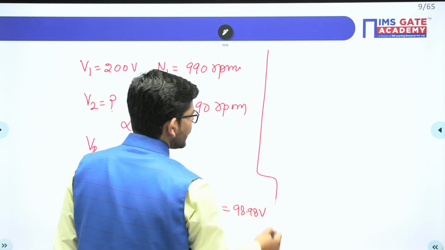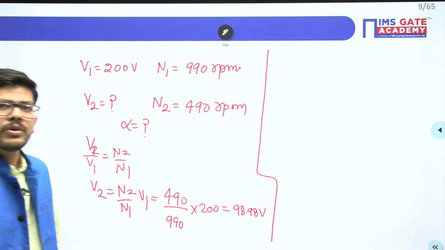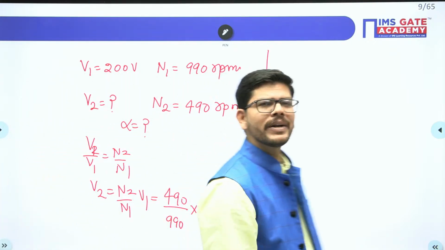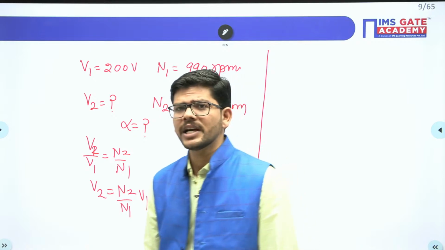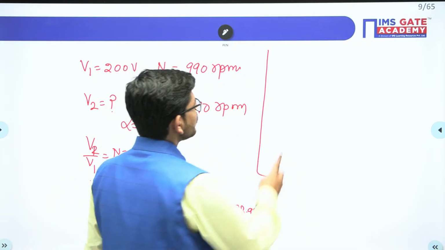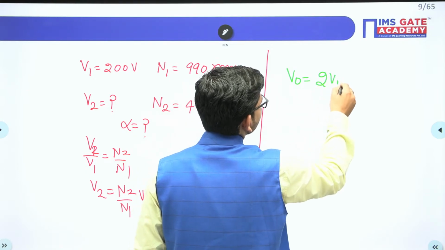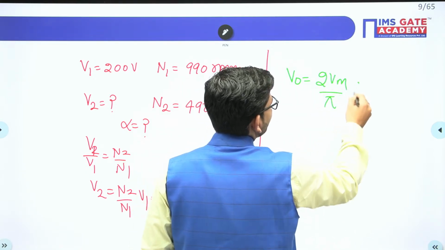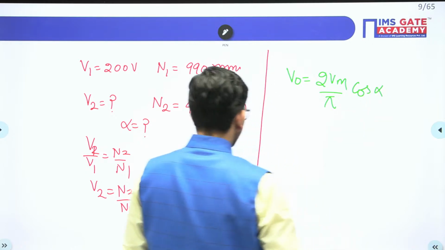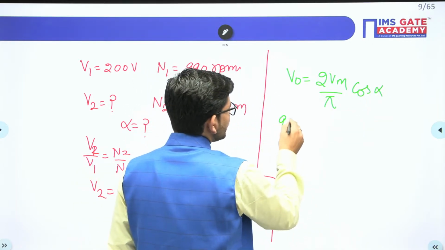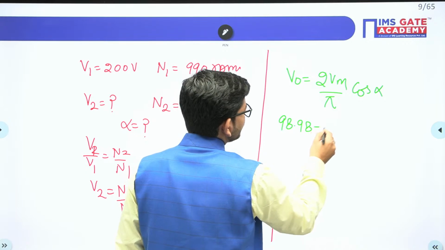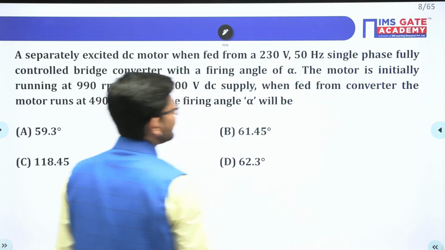So this will be the voltage V2. Now since this motor is being operated with the help of a single phase full bridge converter, you know that the output voltage average value is 2 Vm by pi cos alpha. Now this output voltage is 98.98. 2 into what is Vm here?